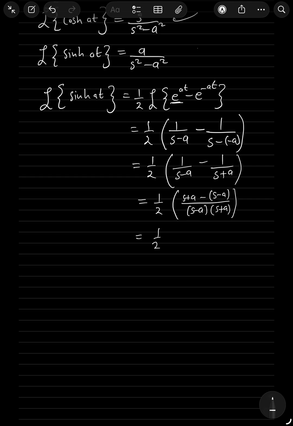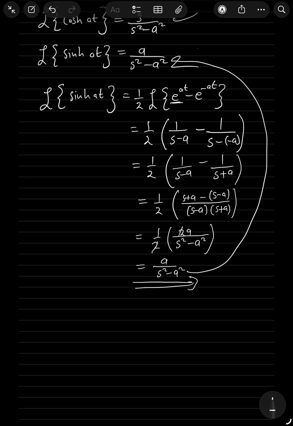So we're going to have 2a, the denominator, this is a difference of 2 squares, obviously, and then if you divide by 2, then you have a over s squared minus a squared. So we come to the same conclusion, which is this.